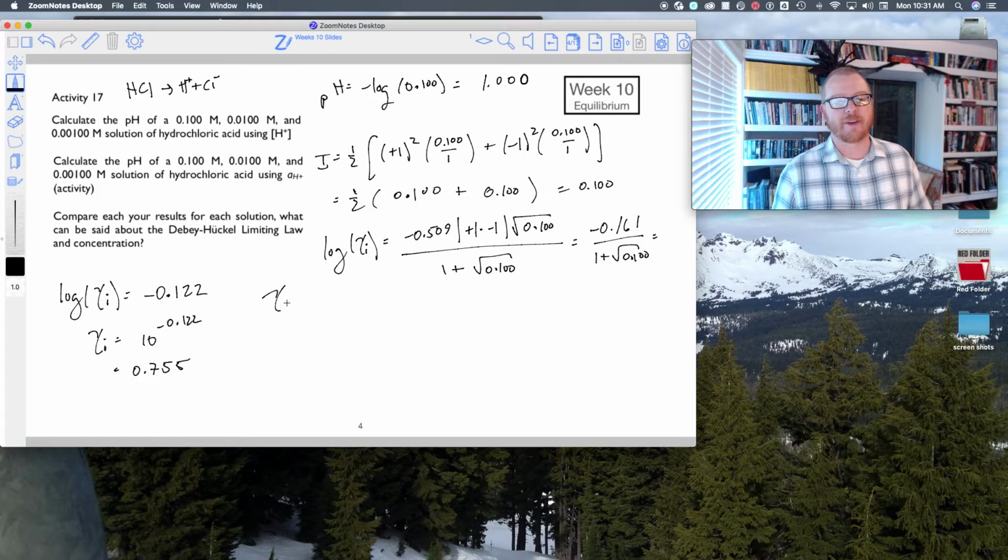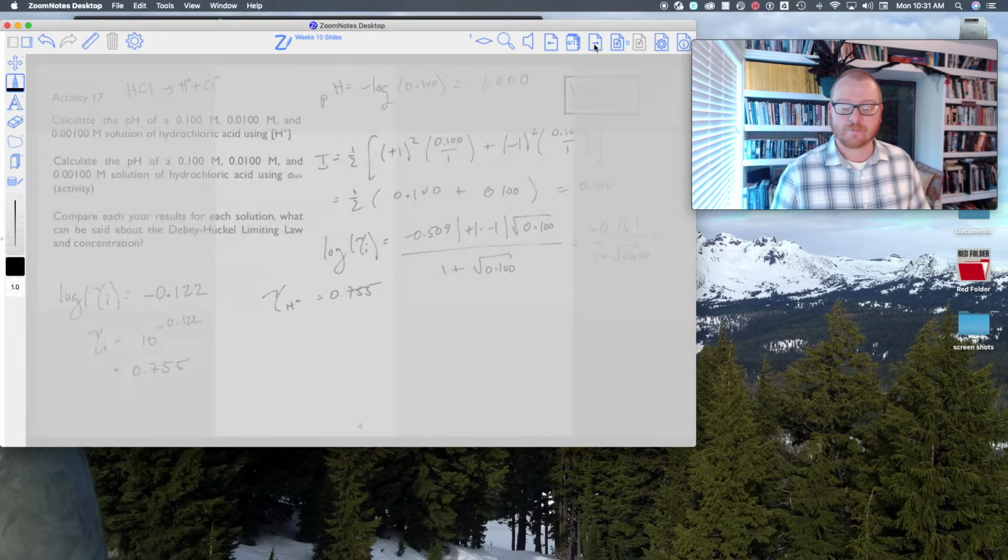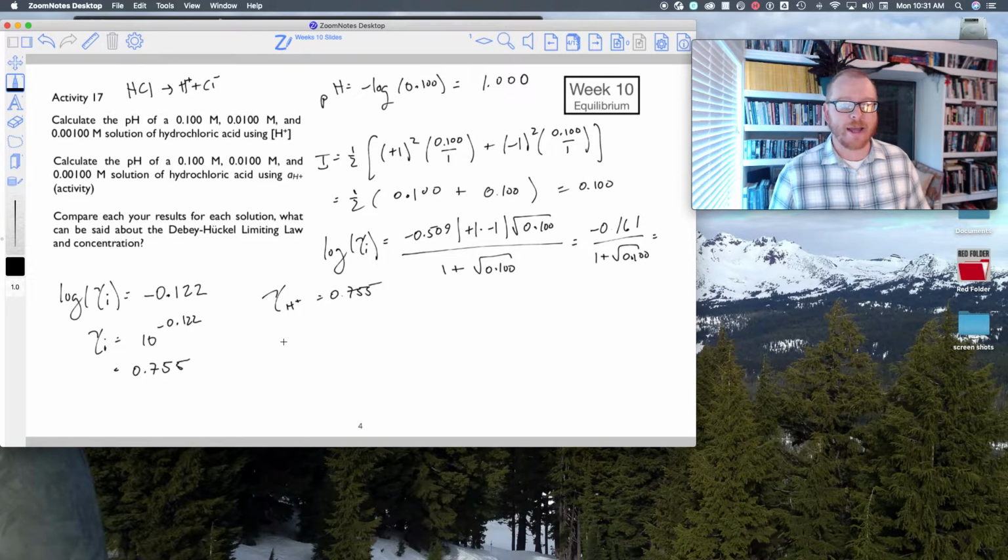Okay, so if gamma for H plus equals 0.755, how do we calculate the pH of that now? Well, let's go back. We remind ourselves that the activity is gamma times the concentration, and then the pH will be the negative log of the activity. Okay, so now I can say the activity of H plus is going to be 0.755 times the 0.100 mole per liter.